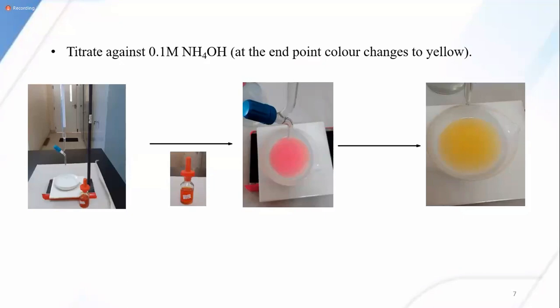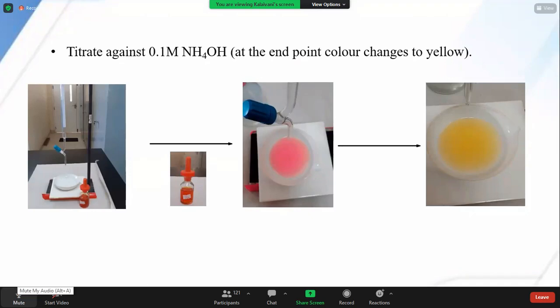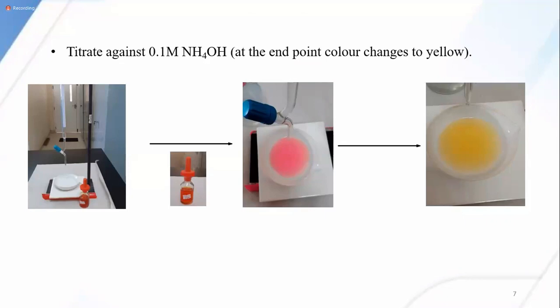So is this a weak acid or strong acid? HCl, strong. Then ammonium hydroxide? Weak base. Good. So what is the indicator we can use for this titration?